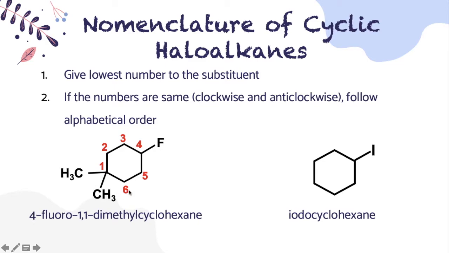So the name is 4-fluoro-1,1-dimethyl-cyclohexane. Remember, when you write the name, you must follow alphabetical order. So F before M. That's why you put fluoro first before methyl, according to the number given.